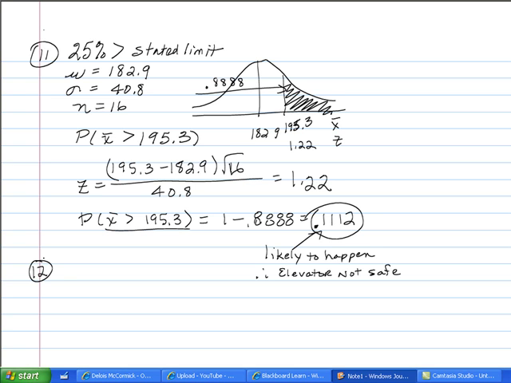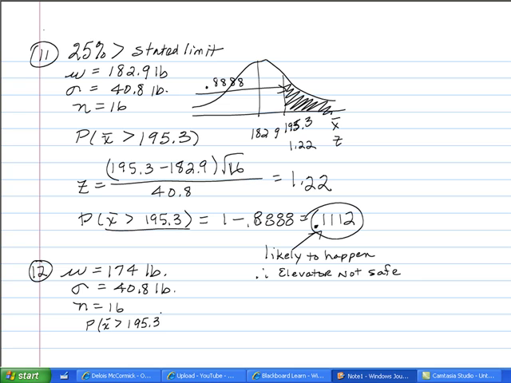So the probability that x bar is greater than 195.3: z would be 195.3 minus 174, times the square root of 16, which is 4, divided by 40.8. I'm getting 2.09.